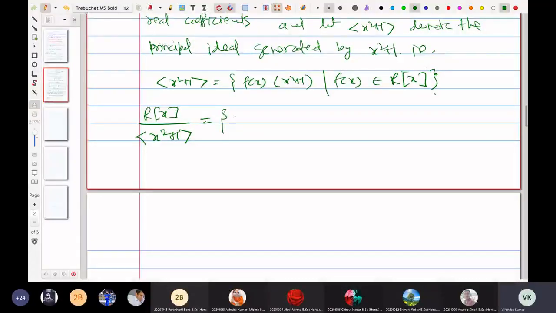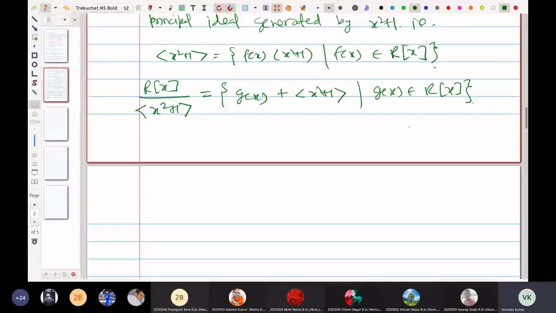The elements in this are going to be of the form g(x) plus the ideal, where g(x) is a member of R[x].